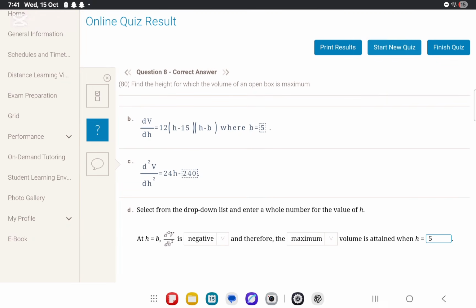At h equals b, so at h equals 5, essentially, we're swapping it for 5. d squared v, so let's find it. 24 times 5 minus 240 will give me negative 120, so it's negative. And that means it's the maximum volume when h is equal to 5. Okay, moving on.